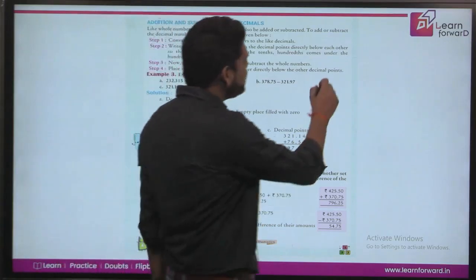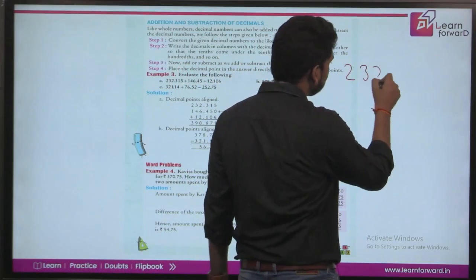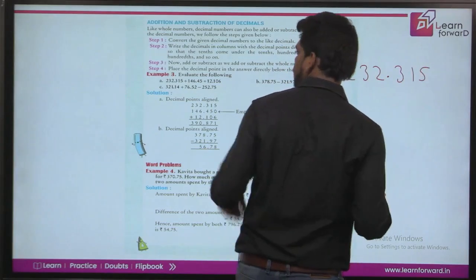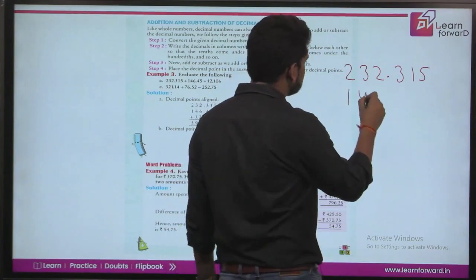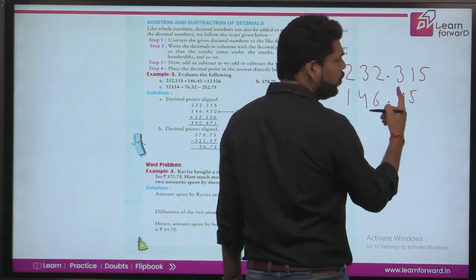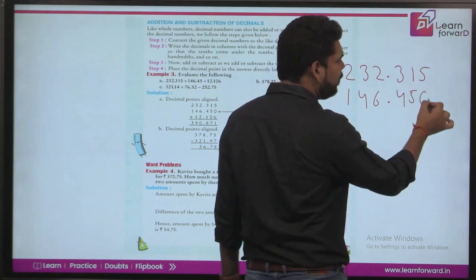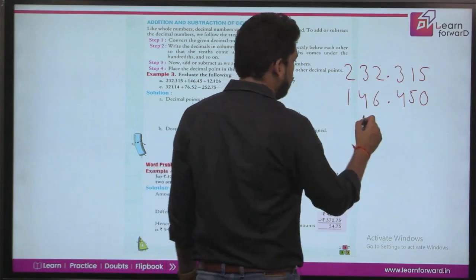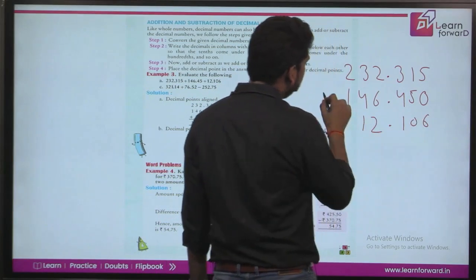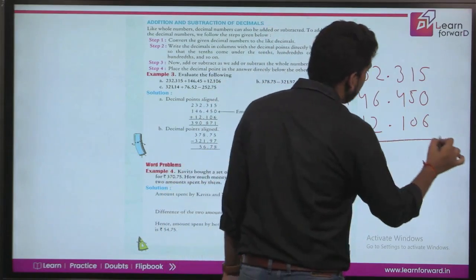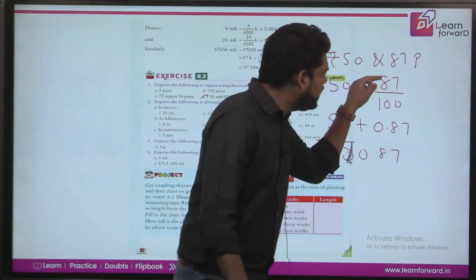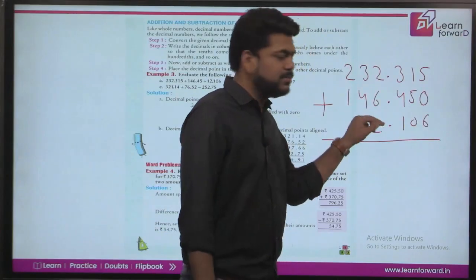So the first one is 232.315. Next is 146.45. Since we want to convert it into like decimals, I'll put the 0. Now 12.106. You must be noticing how I am writing all three digits here. I am exactly putting the decimal below the decimal, right?